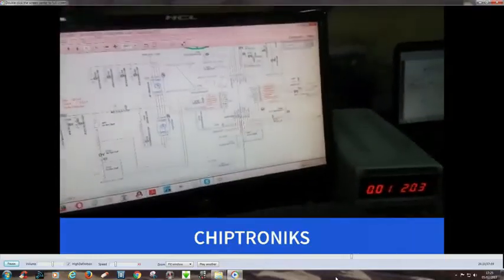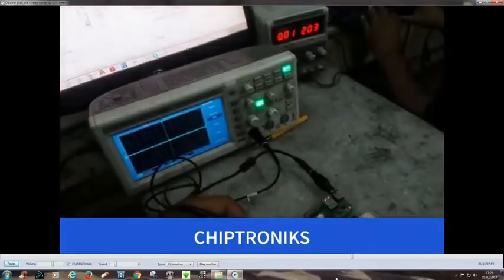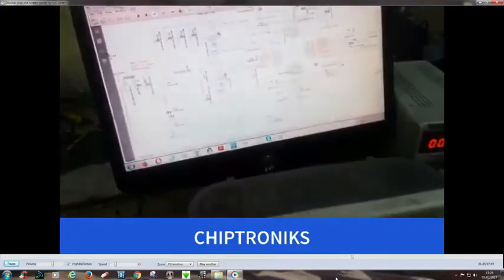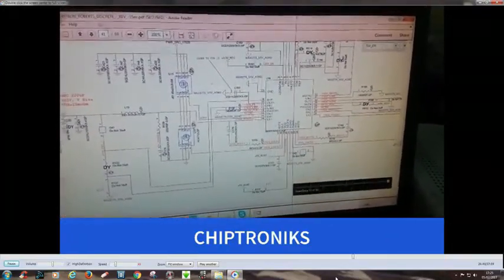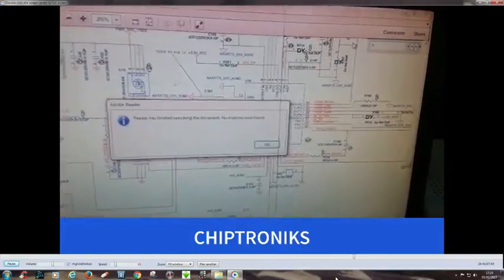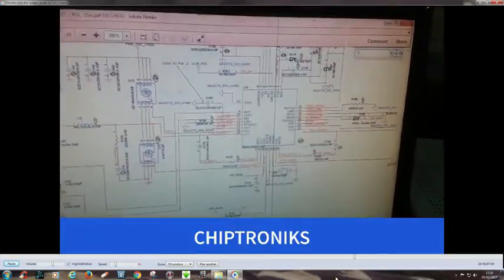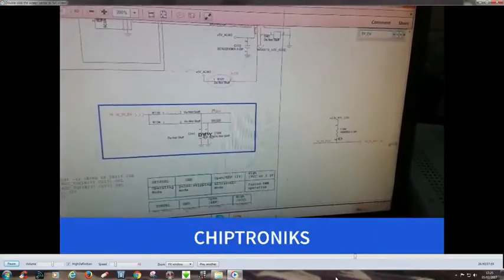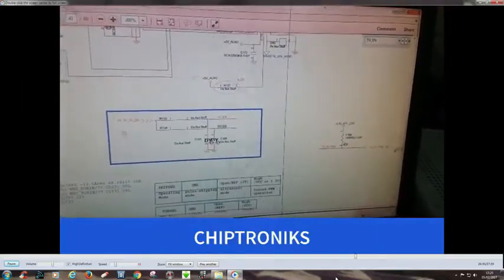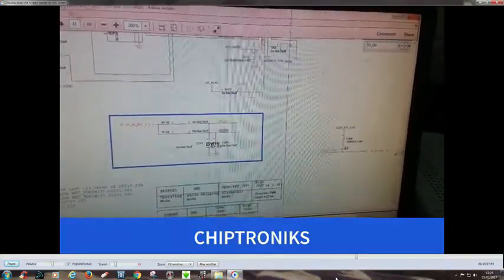So let's check at pin number 14 whether it is getting enabled or not. Pin number 14 is 5V_EN. And you can see this 5V_EN is coming from this 3V_5V_EN.